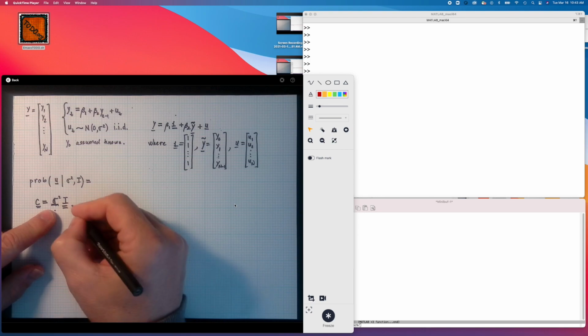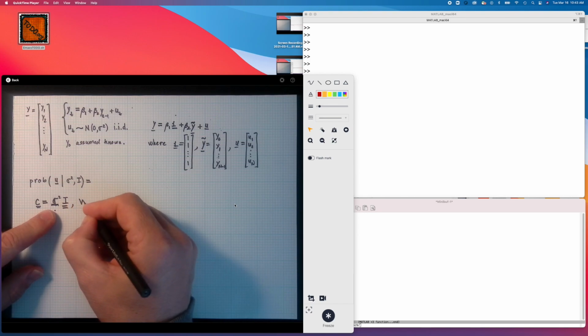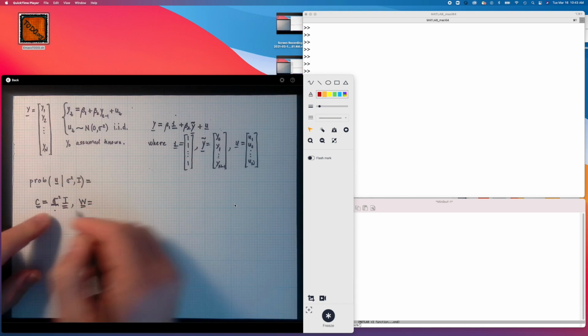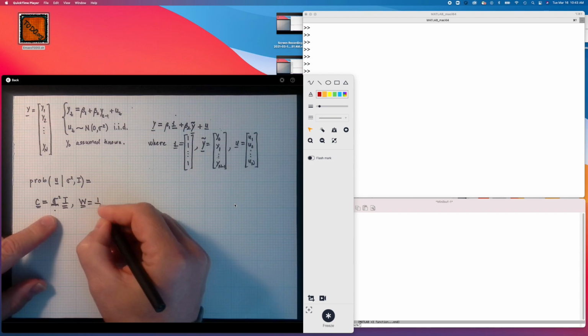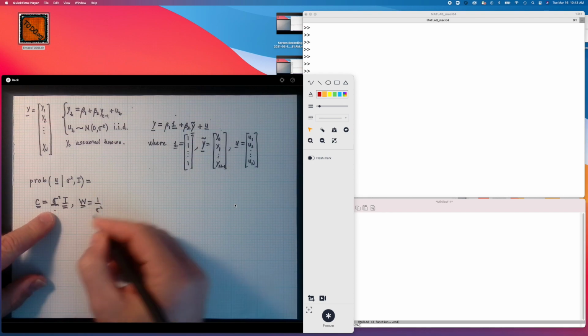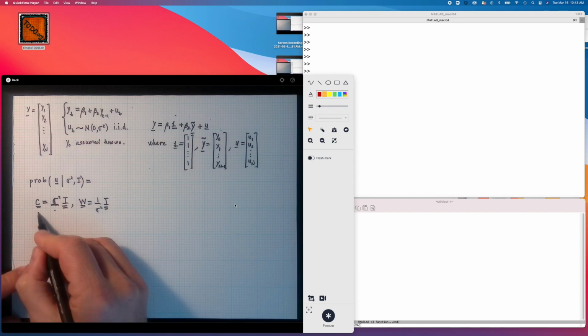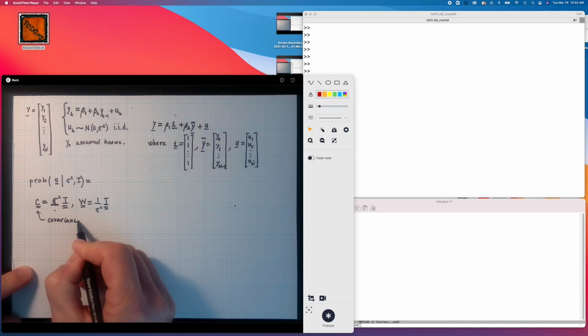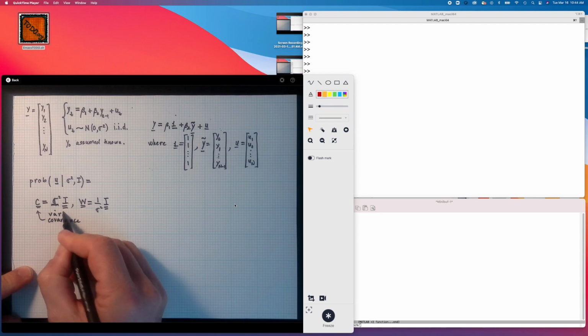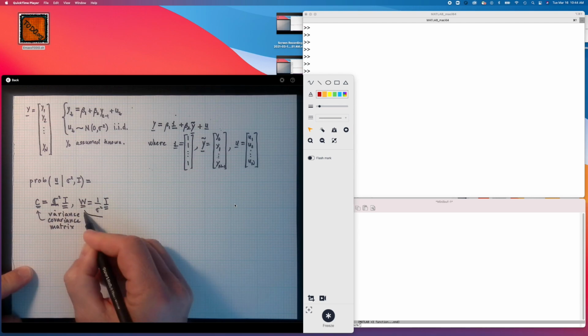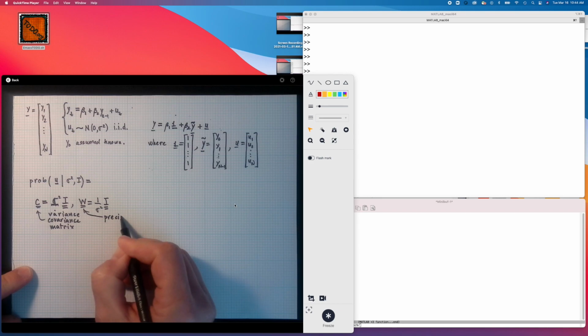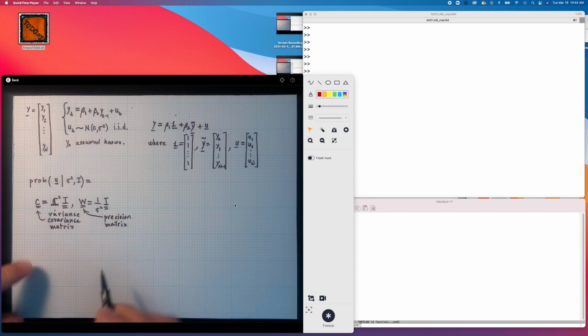What I want to write is the precision matrix, which is equal to the inverse of C, which is going to be 1 over sigma squared times the identity matrix. So this is the covariance matrix, sometimes called the variance covariance, and this one is the precision matrix. They are just inverses of each other.